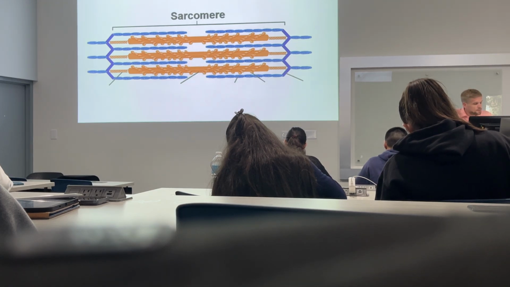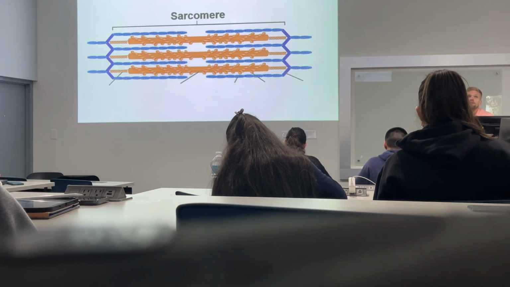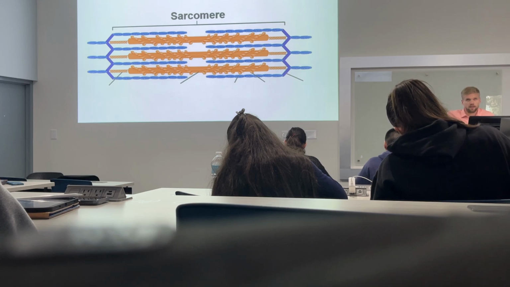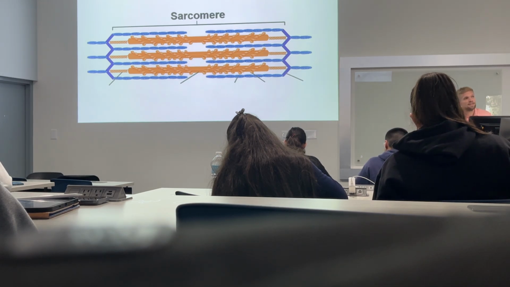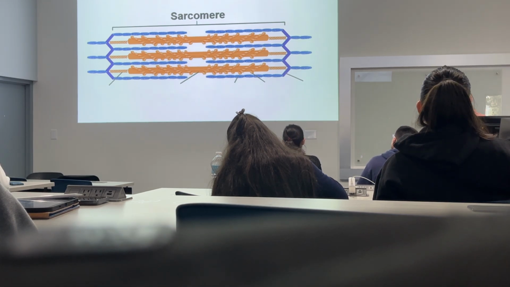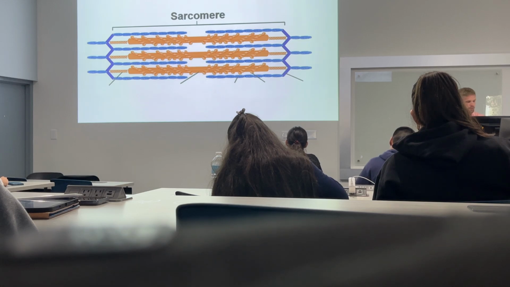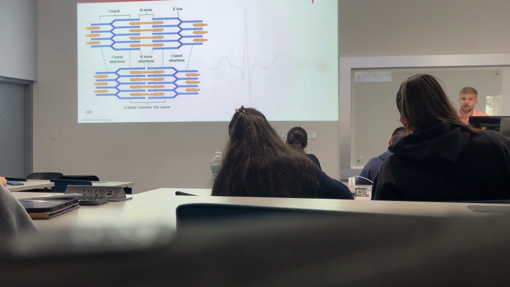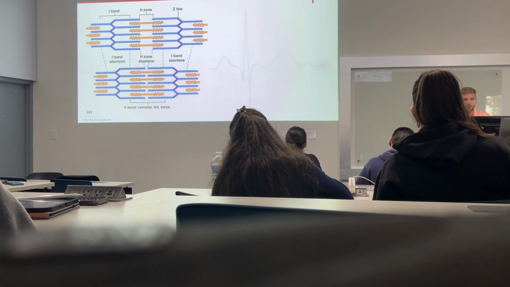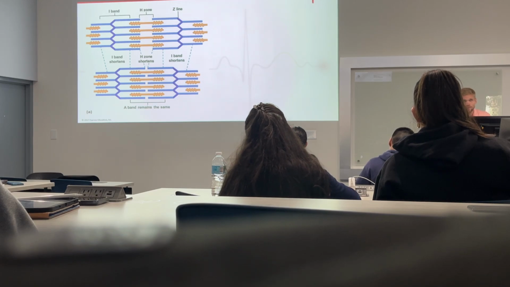This is the means in which the myosin heads cycle. That whole process, again, is called the cross-bridge cycle. And what the cross-bridge cycle allows for, typically, although this is by no means universal, is shortening of the sarcomere.